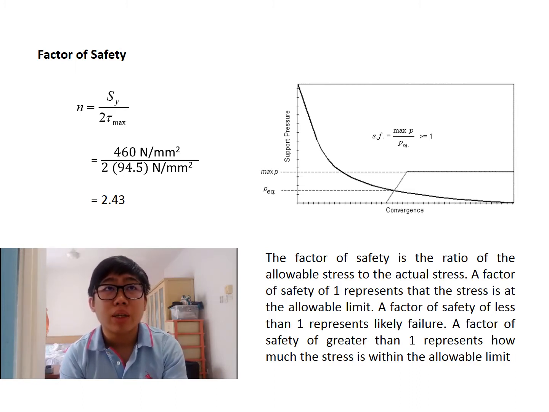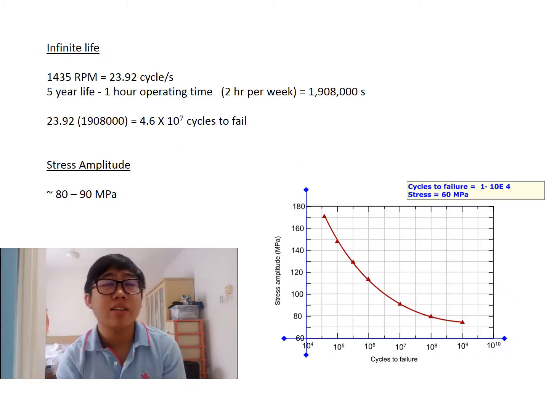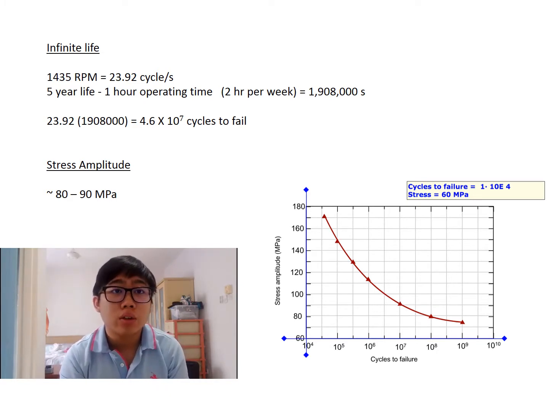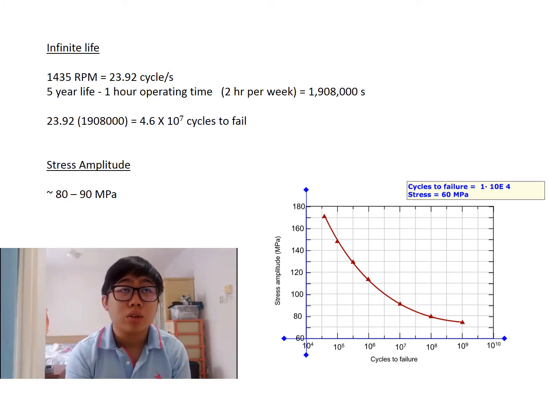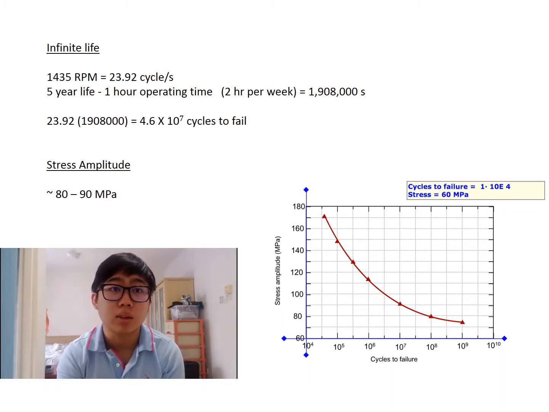Based on the shaft that we are going to analyze, we substitute the yield strength and the maximum shear stress, and we get 2.43 for the factor of safety, which means that it is safe. For infinite life, for example, 1435 rpm is equal to 23.92 cycles per second.